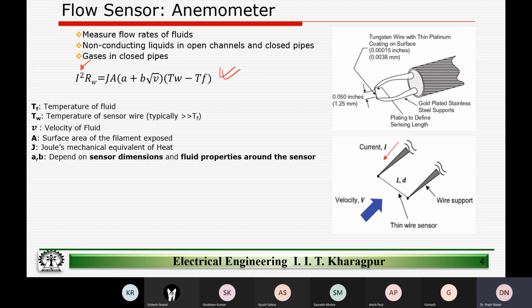I can control I. Or TW, the temperature of the sensor, if I want, I can control the temperature of the sensor material. TF is not in my control. Area, of course, we know. And RW is going to be a function of the temperature itself.